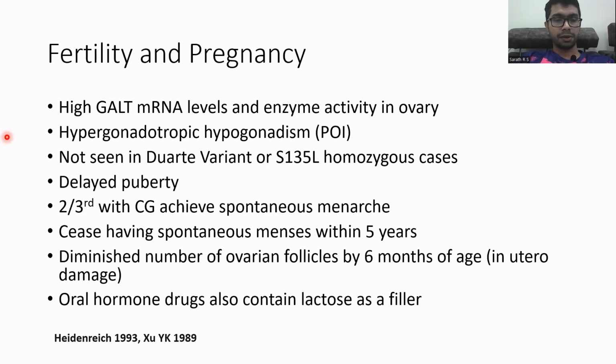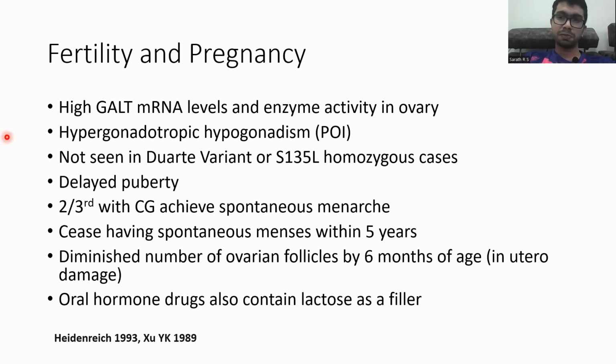Coming to the fertility and pregnancy part, galactose metabolism happens a lot in the ovary. I have already explained on the previous slide. It was found that galactosemia patients have hypergonadotropic hypogonadism, that is primary ovarian insufficiency. One third of these classical galactosemia patients may not achieve spontaneous menarche, that is, two thirds achieve spontaneous menarche.